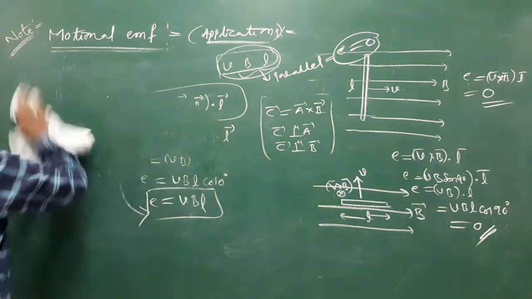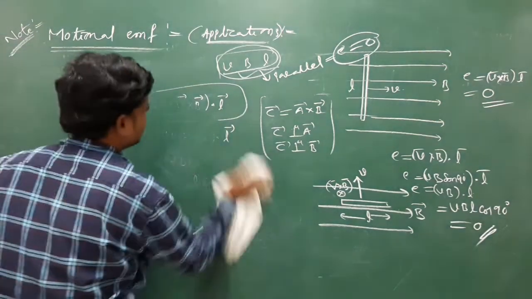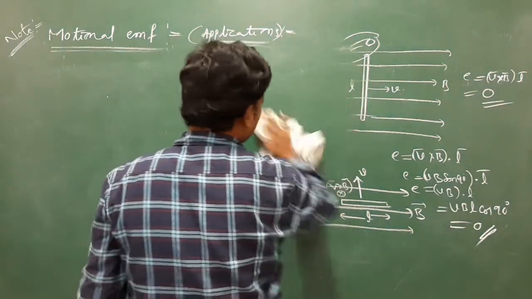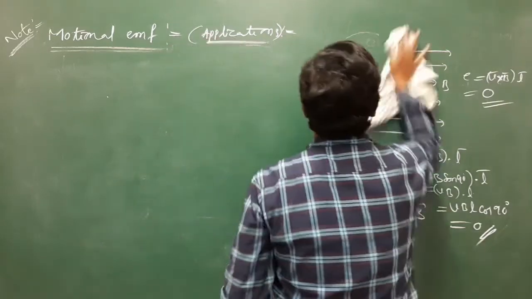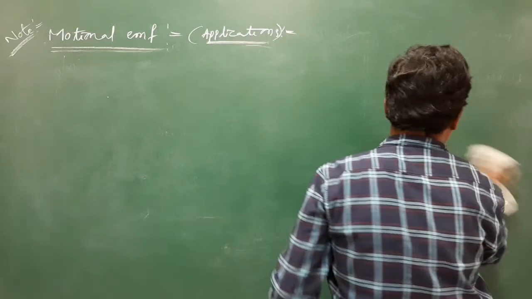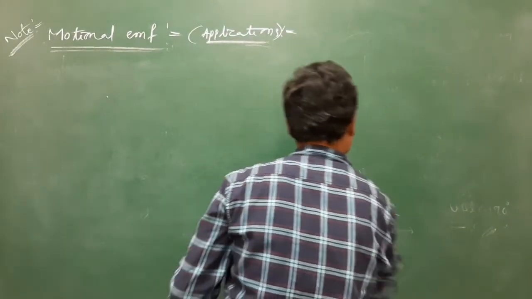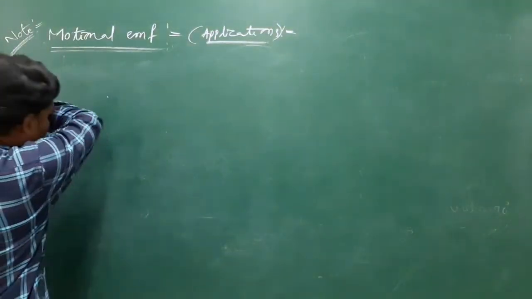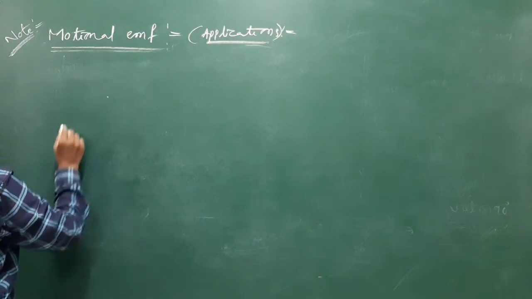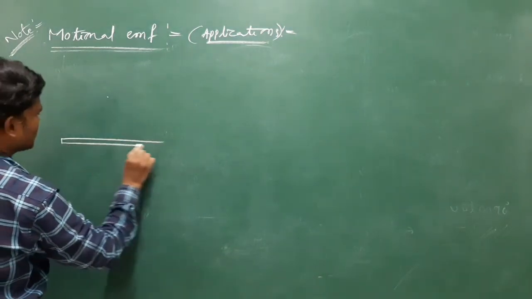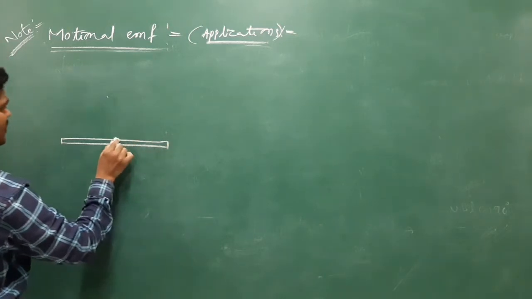You try this. Otherwise, if you use Fleming's right hand rule, directly we will get it. I'll use that also. So you try this. This is the rod.